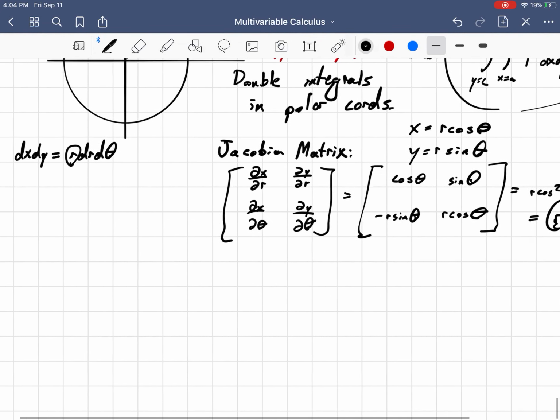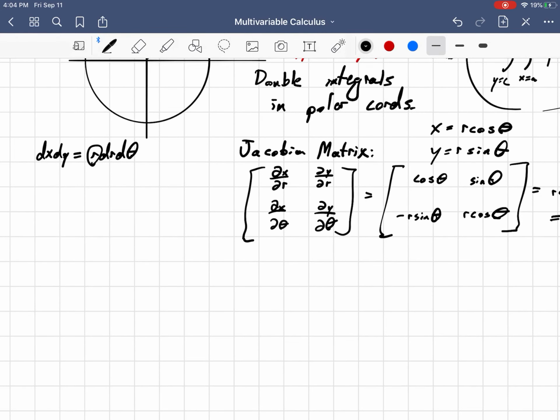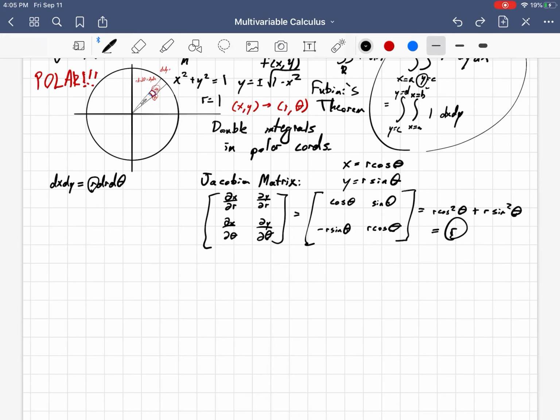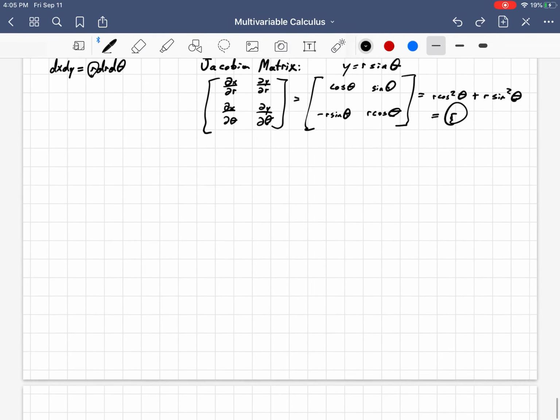It comes from the Jacobian matrix, which I have two videos deriving where this comes from and why it's useful, so I'm not going to derive it in this video. You could watch one of the other two for that. But either way, the moral of this story is to multiply by the r in polar coordinates when you switch to polar.